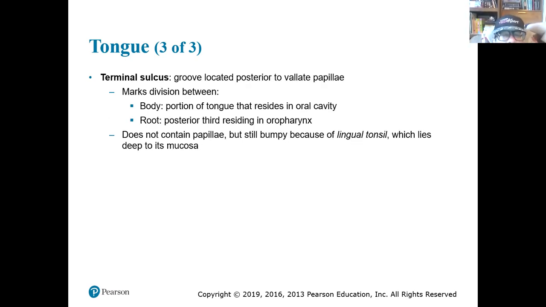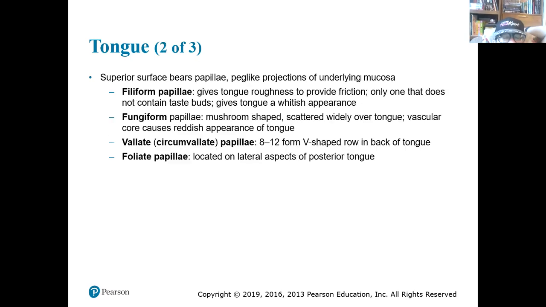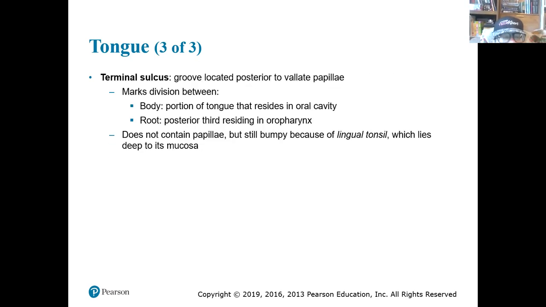Anyway, the terminal sulcus: terminal means the end, and sulcus is a groove. It is a groove on the tongue that is behind the little V made of the vallate papillae. And that's the division between the body of the tongue and the root of the tongue.